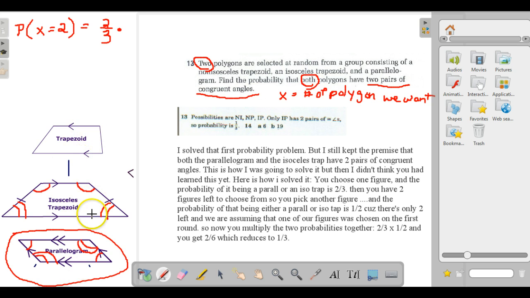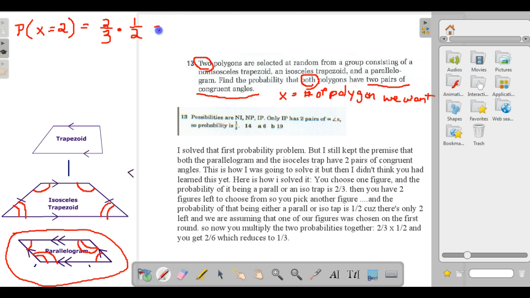Then what's left over are only 2 figures, and out of those 2 figures, one of them is what we want, because the one that's left is the isosceles, for instance. So 1 out of 2.